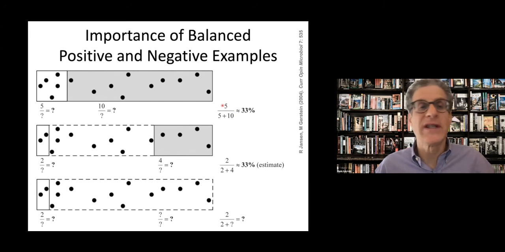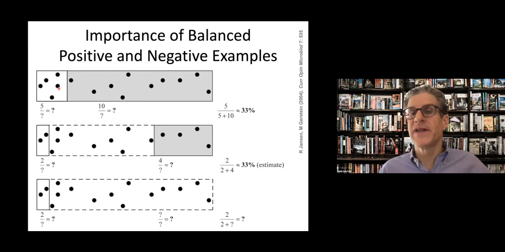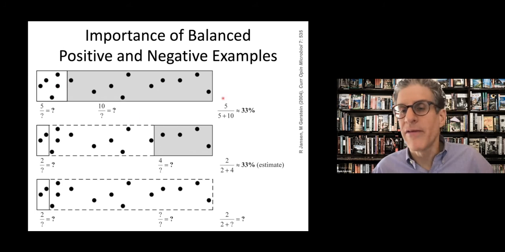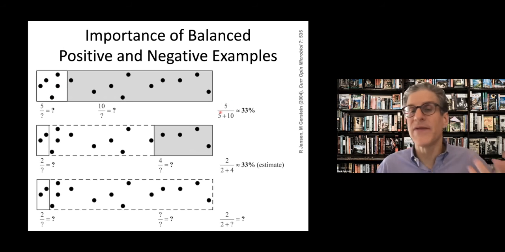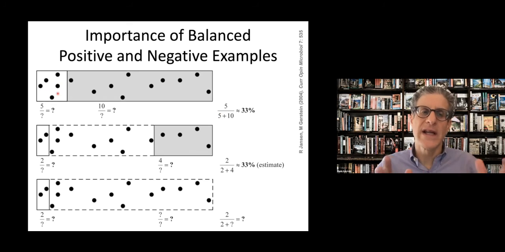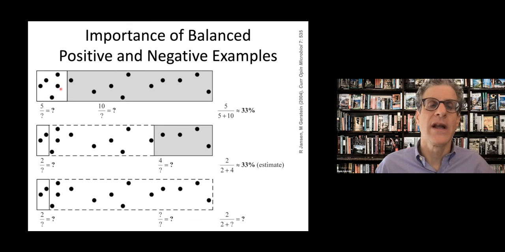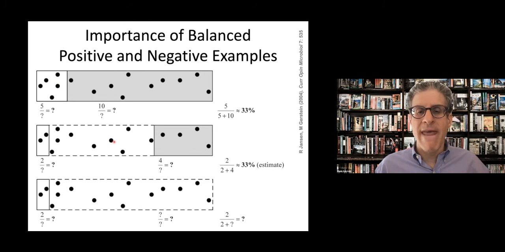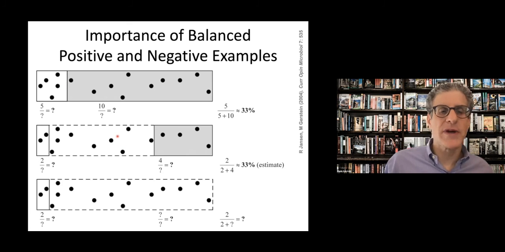Because you can say, well, I've emitted 15 positive answers, and from the 15 positive answers I've emitted, 5 of them are correct. So you can get that number of 33% without knowing the full extent of how many things are truly positive, okay?